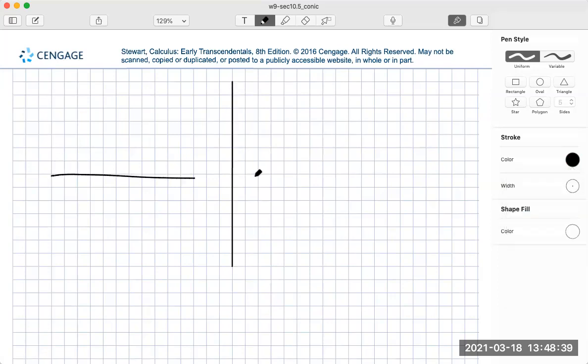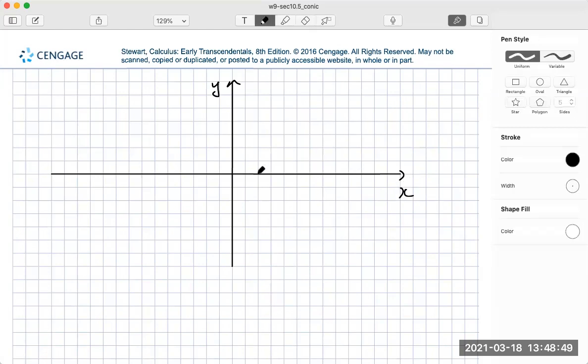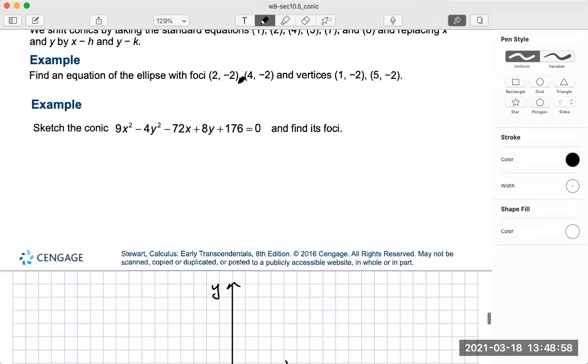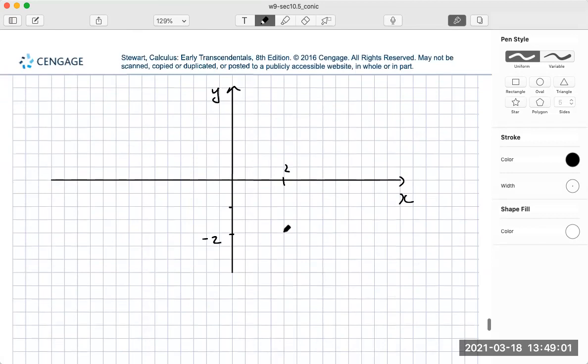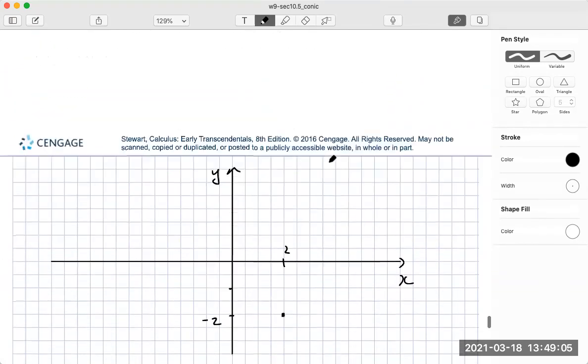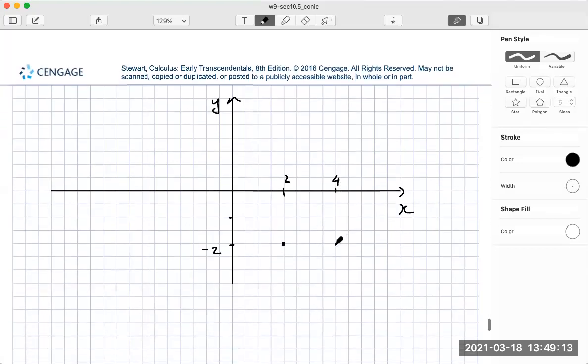Let us draw it. Suppose 2 is right here, -2. (2, -2) is this point, right? And the point (4, -2) will be this point.